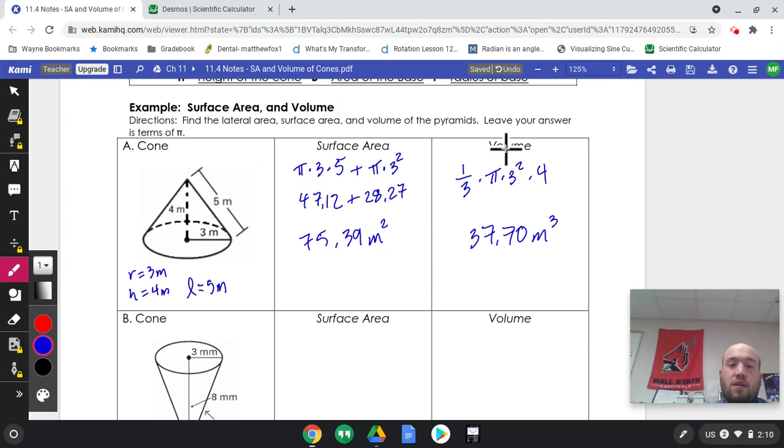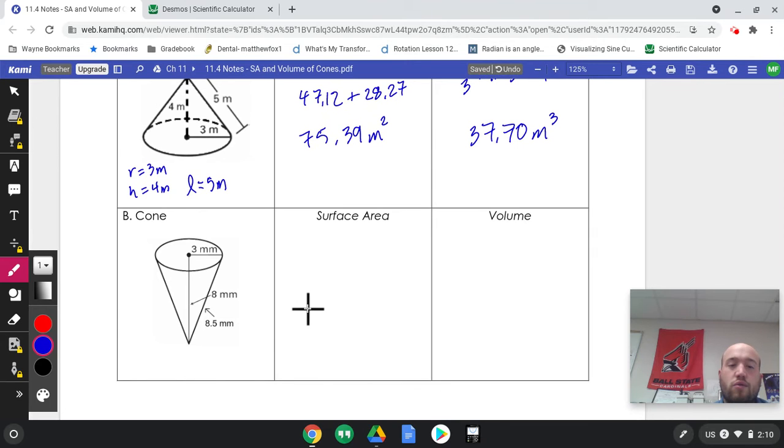All right, our next one, once again, a cone. Still got a circle on the bottom. If you want, you can write down your radius is 3, your height is 8, and your slant height is 8.5. Now for surface area, we'll use the same method.